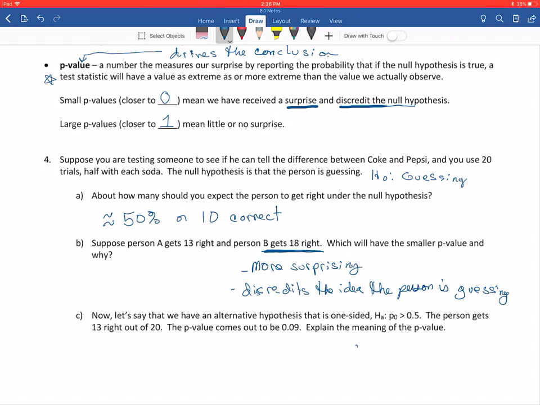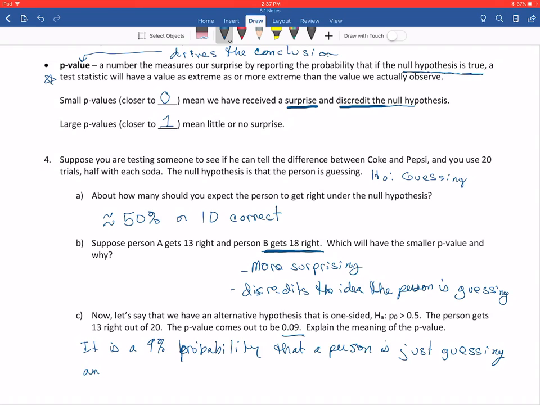So again, basically what I'm going to do is I'm going to look at this definition of a p-value here, and I'm going to insert the context. So I would say that it is a 9% probability, because that's what the p-value means, it's a probability. So there's a 9% probability that a person is just guessing, because again, this is if the null hypothesis is true.